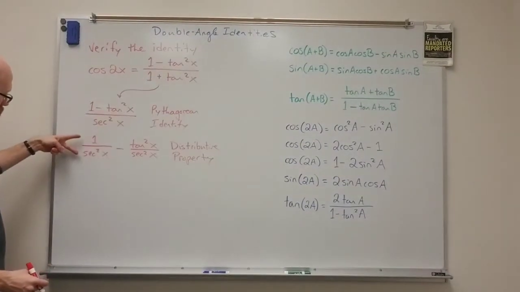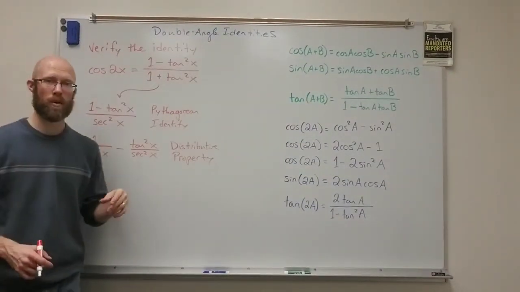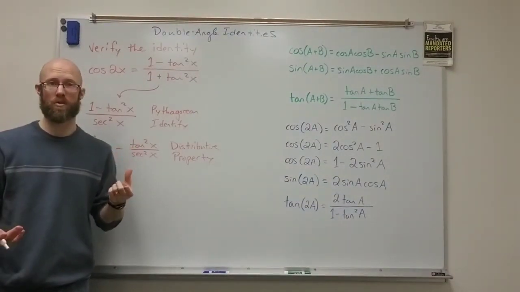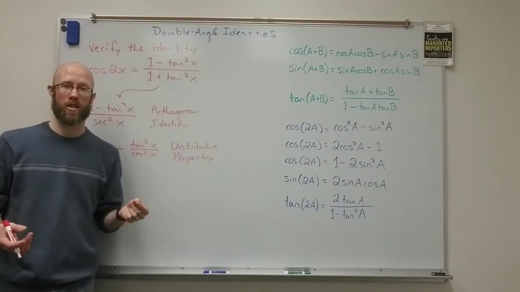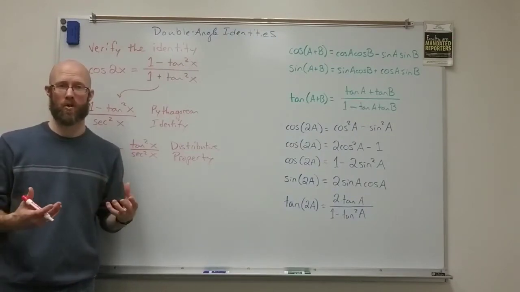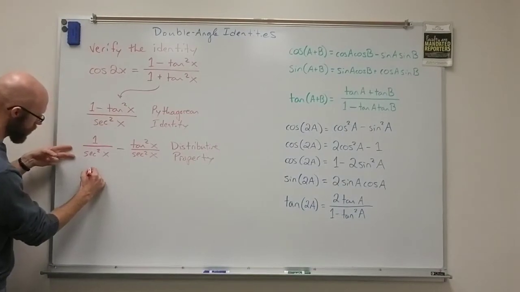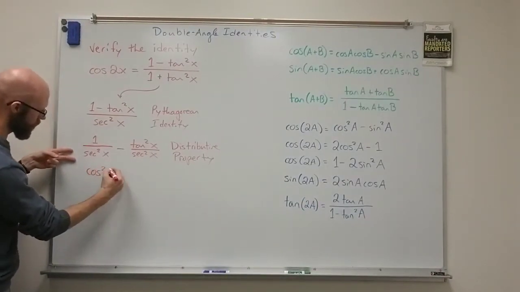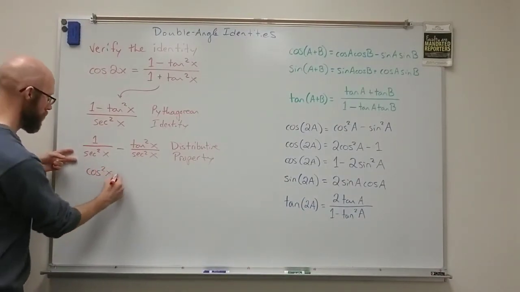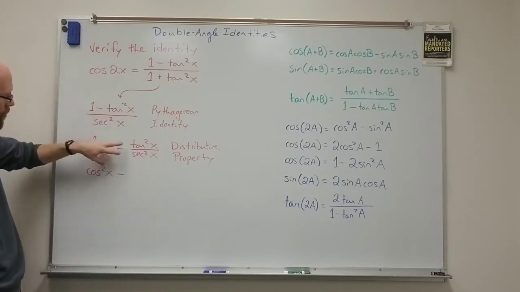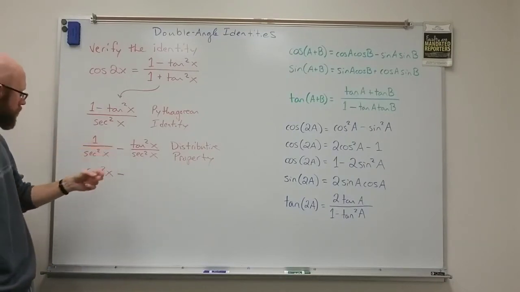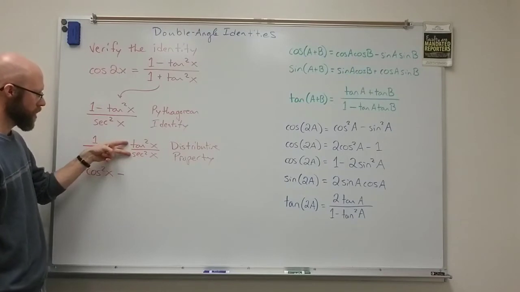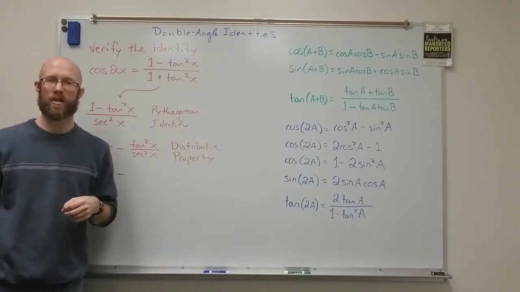Now I look at this and I say, well, 1 over the secant squared. Well, what's the reciprocal of the secant? It's the cosine, right? So 1 over secant squared is the same as the cosine squared. So this would be cosine squared of x. Let's actually change each of these, the tangent and the secant, into sines and cosines.